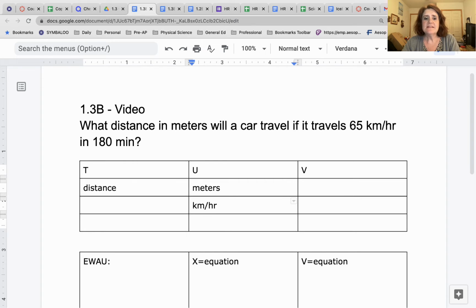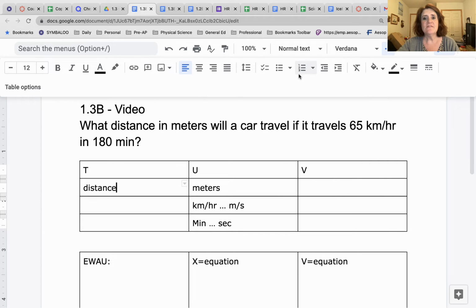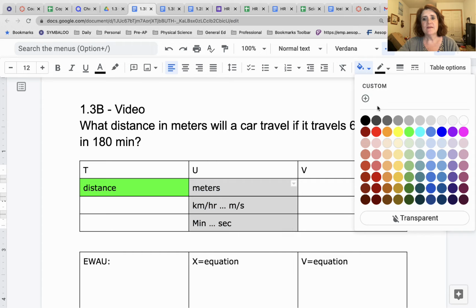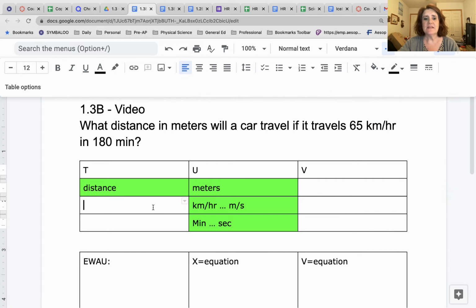Well, if I need the distance in meters, that means I've got to move this into meters per second in 180 minutes. And again, if I'm given minutes, I need to convert that into seconds. So these are the things that are given in our problem, and I'll highlight them so that you know what was given. And then we need to actually fill in the rest of it.